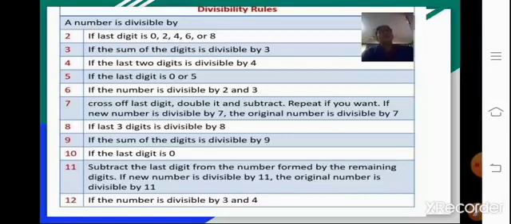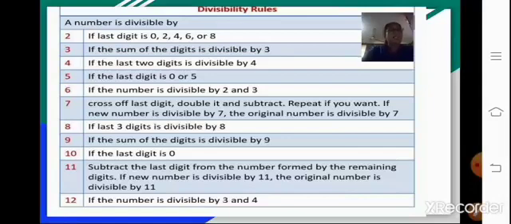A number is divisible by 7 when you double the last digit and subtract it from the remaining number, and if the new number is divisible by 7, the original number is also divisible by 7.